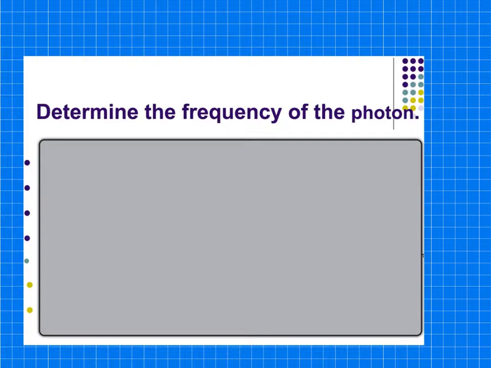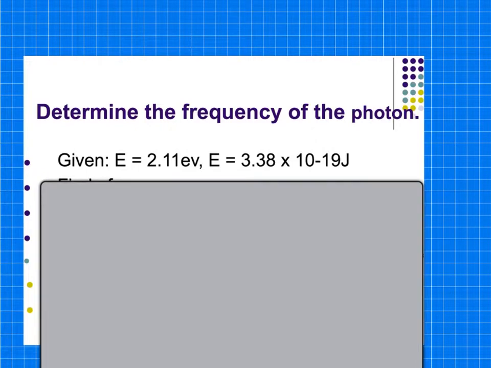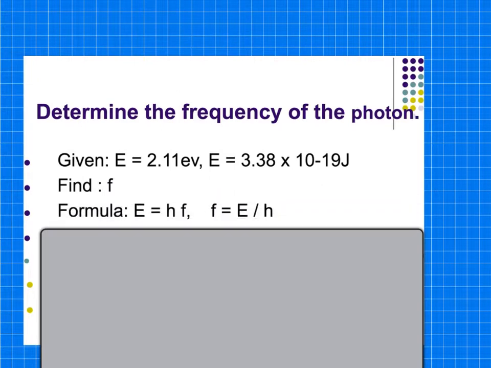So again, the frequency of the photon is determined by using the energy of a photon measured in joules. The reason we need the energy measured in joules from our last slide is because Planck's constant utilizes joules. If you look at Planck's constant on the front of your reference table, you'll see that h is equal to 6.63 times 10 to the negative 34 joule seconds.